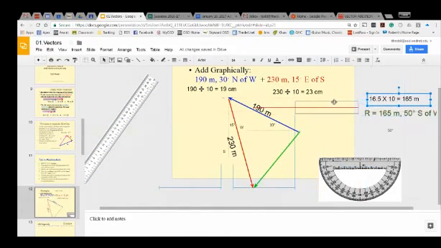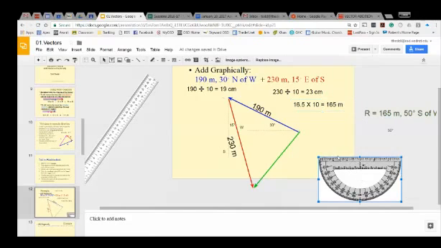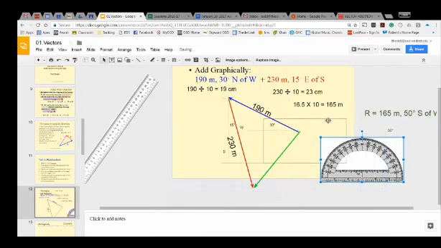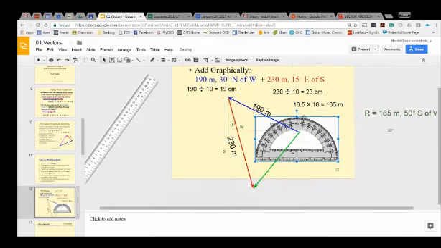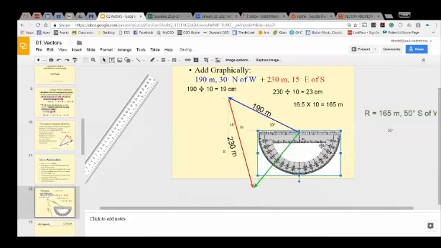16.5 centimeters. So then I apply the scale, but now backwards because I'm going the other way. So I multiply it by 10. And so it represents 165 meters according to the scale that I used. I then use my protractor, and it just so happens that my convenient reference now happens to be that west line right there. So I'm going to use my protractor to measure the angle down there, and I previously measured that.